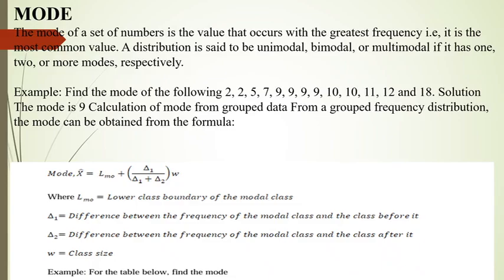So when we put this in our formula, it starts with the lower class boundary. What is the lower class boundary of the median class? Because our median class, the 25th value, falls between 20 to 30, the lower class boundary of the median class is 20.